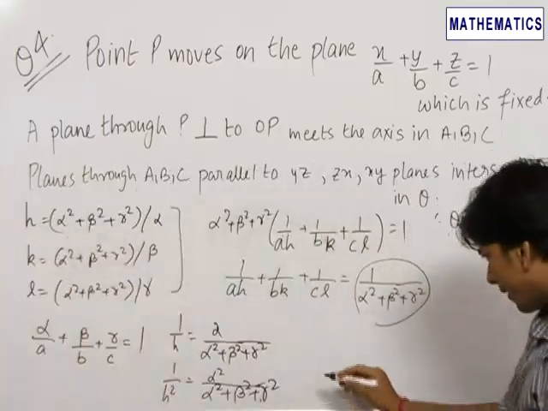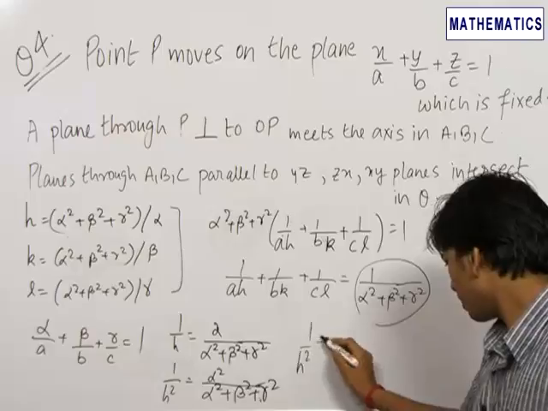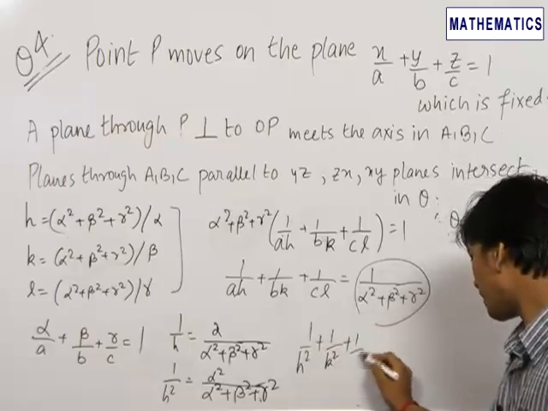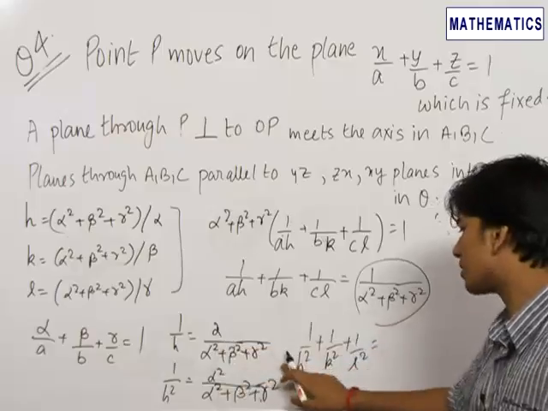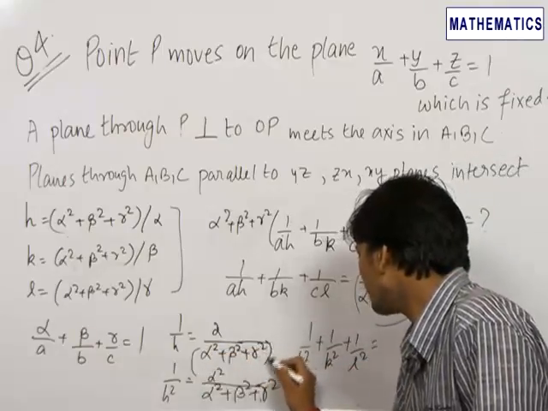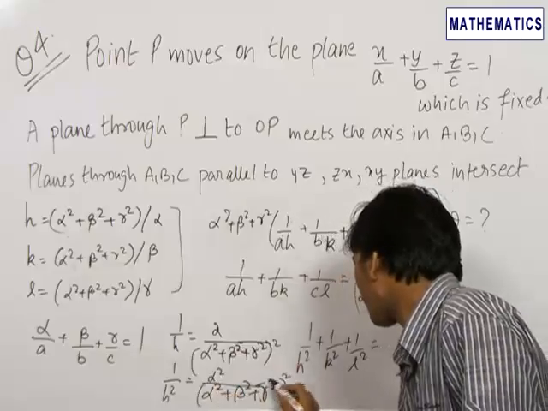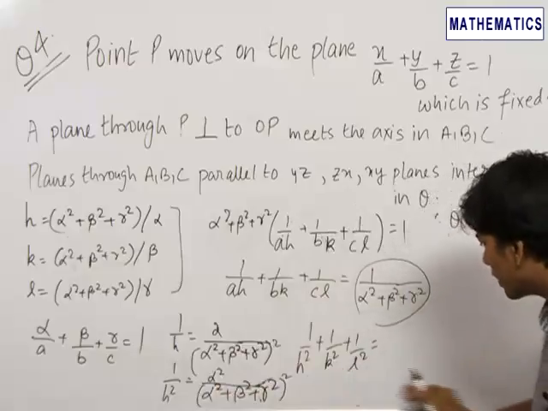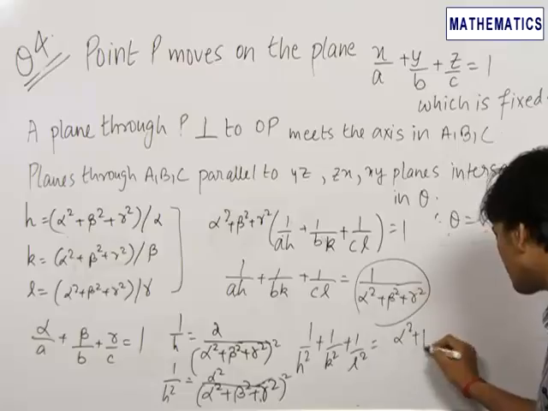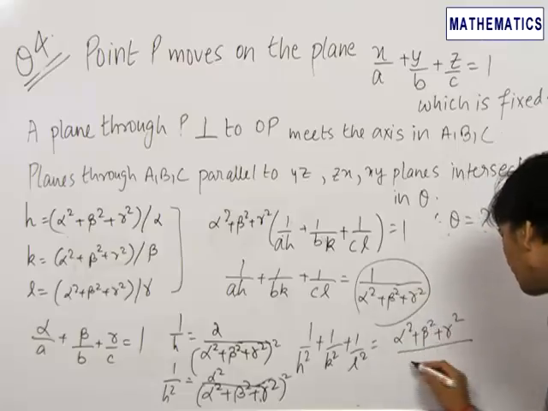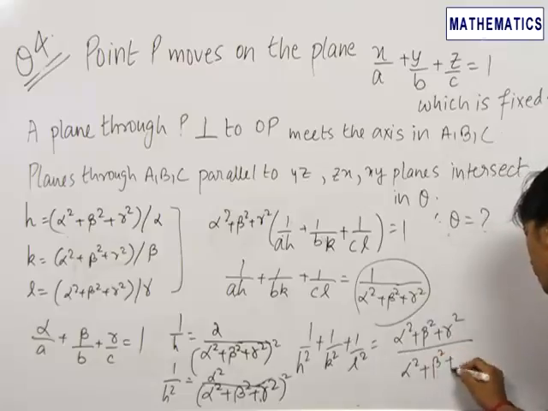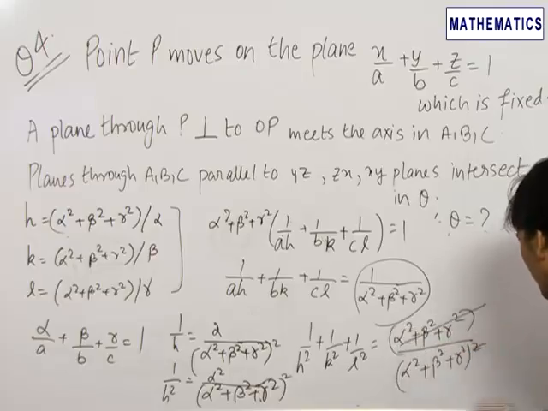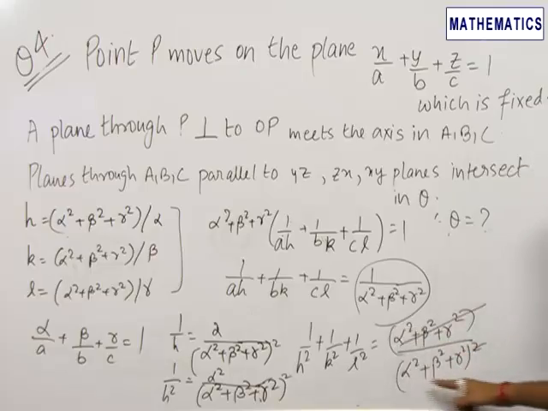Therefore we can write 1 upon h square plus 1 upon k square plus 1 upon L square to be equal to alpha square plus beta square plus gamma square upon alpha square plus beta square plus gamma square whole square. Therefore we can cancel one of these to get 1 upon alpha square plus beta square plus gamma square is equal to 1 upon h square plus 1 upon k square plus 1 upon L square.